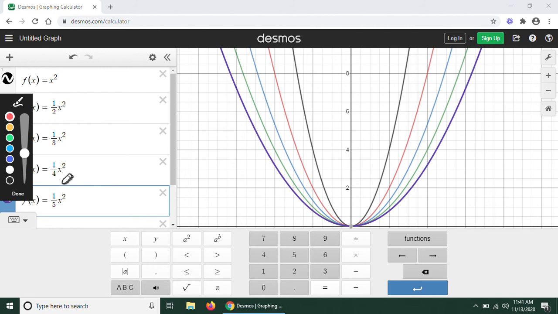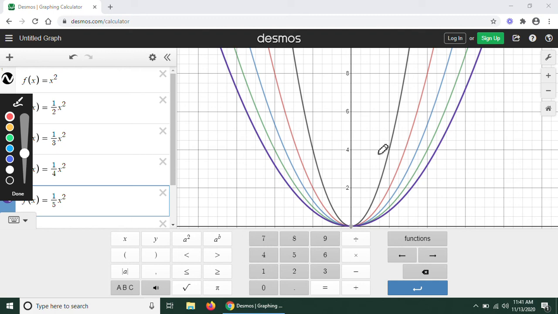And as the fraction decreases in value, it gets flatter and flatter and flatter. Get that? Now, the change that took place in this graph is referred to as a vertical compression.